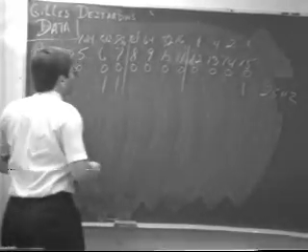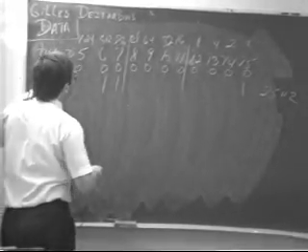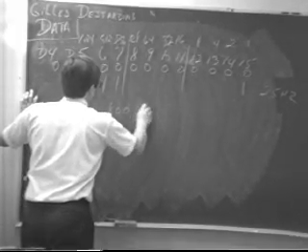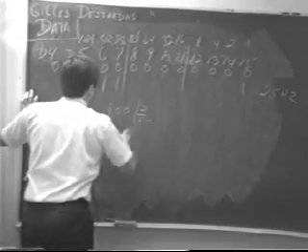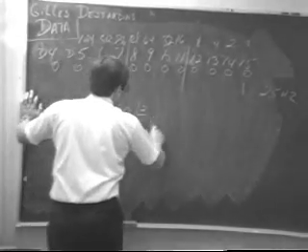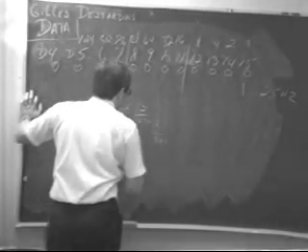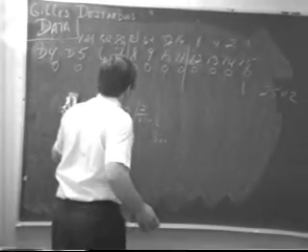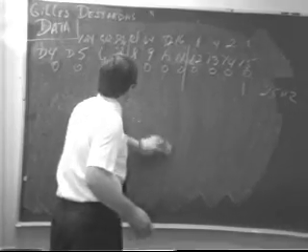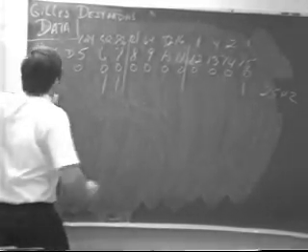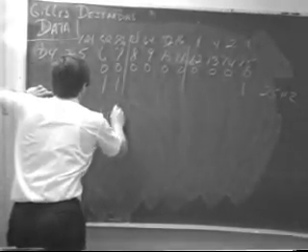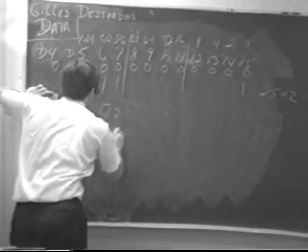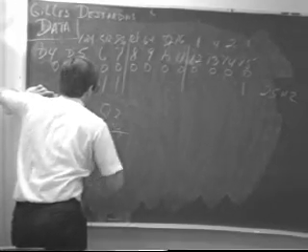Okay, so what do I need to get the value? 800. It's got to be hexadecimal. That's 0, 0 all the way. 512, 256.